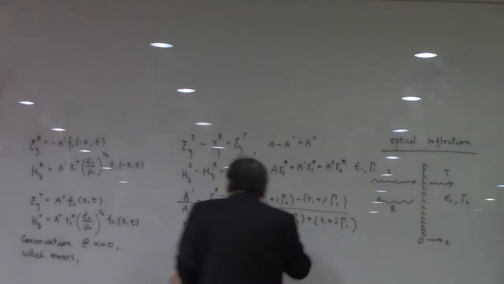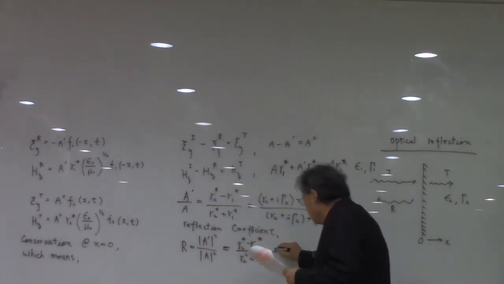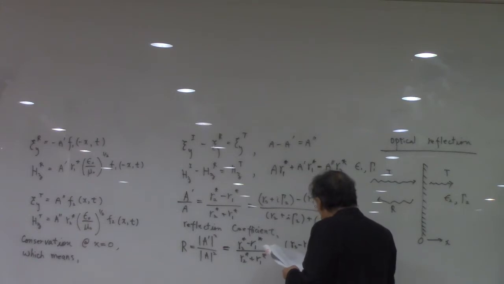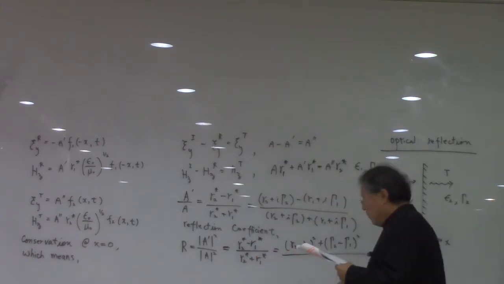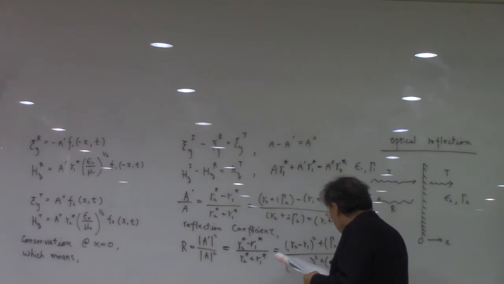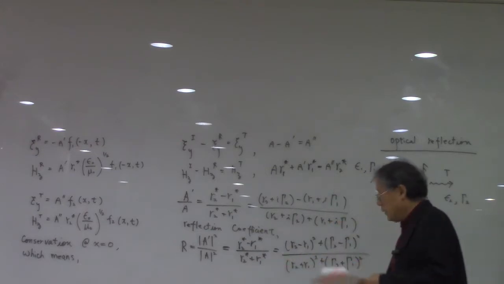And then if you manipulate the mathematics, this reflection coefficient is going to be (R2 minus R1) square plus (gamma 2 minus gamma 1) square over (R2 plus R1) square plus (gamma 2 plus gamma 1) square, something like this.